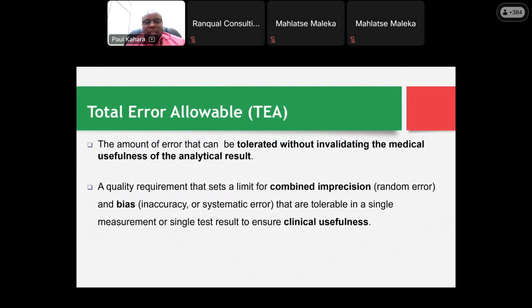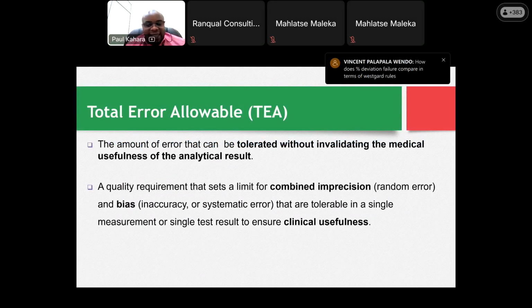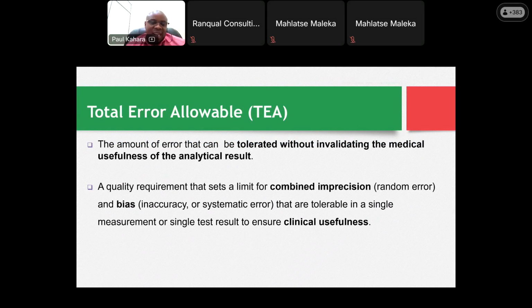Now, before I proceed with the other approach, it's only fair that I explain the concept of total allowable error. In many places, they just say total error allowable, whatever arrangement of words you want to use. This is the amount of error that can be tolerated without invalidating the medical usefulness of an analytical result.